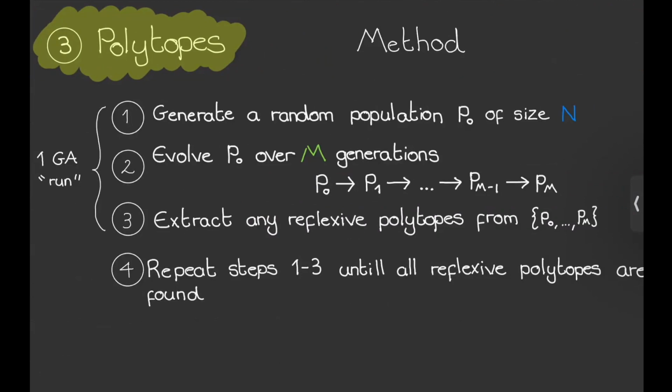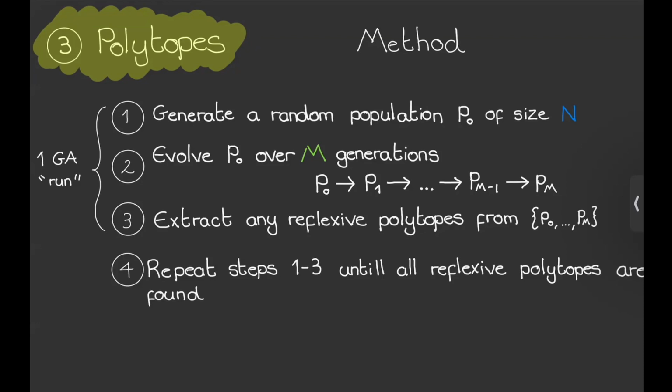Just to summarize before I show you the results, this is the method by which we generate our data sets of polytopes. First, we randomly generate an initial population by randomly generating the vertices of some polytopes. Then we evolve this population over several generations by going around that loop I showed you earlier.